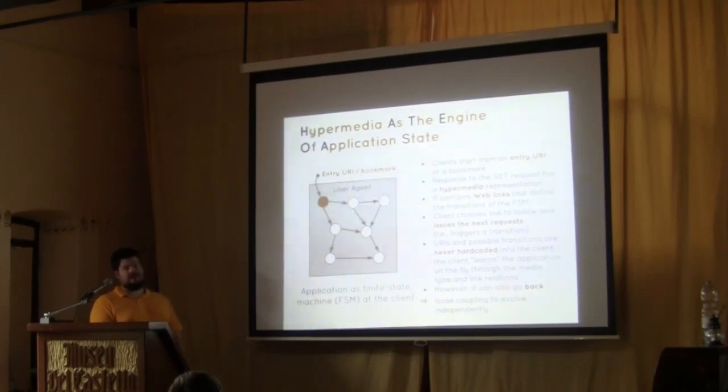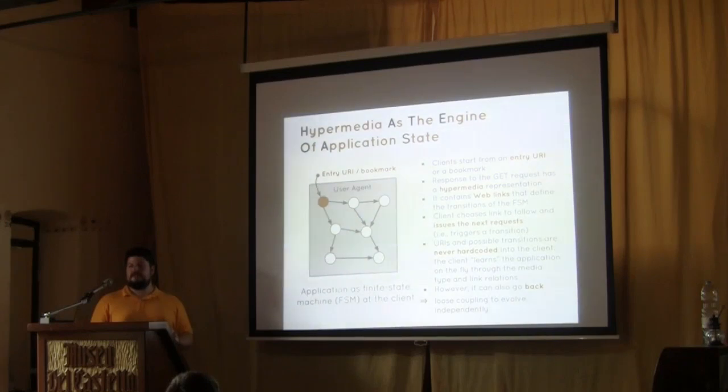So you start somewhere, Amazon.com, your bank address whatsoever, you get the hypermedia representation that contains links, and those links basically tell you, okay, the next choices in this finite state machine are these. And it also tells you how to issue the request to get to the next state. And the thing is, it's never hard-coded. So no bank, no Amazon, no Facebook had to program all this in the web browser. The web browser just works. It learns the application on the fly.